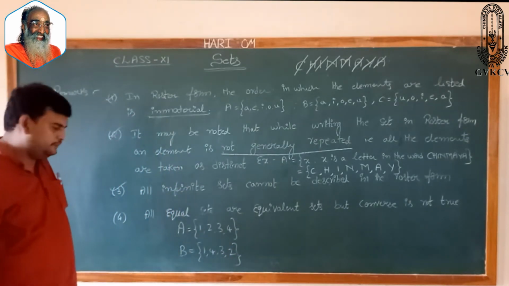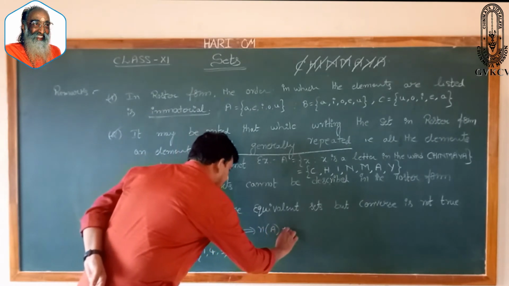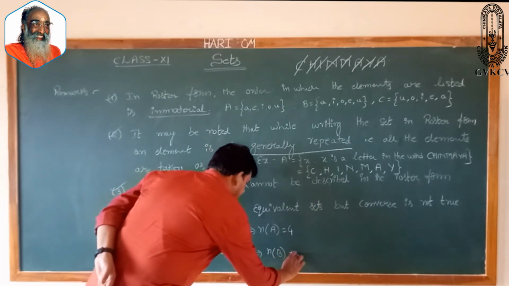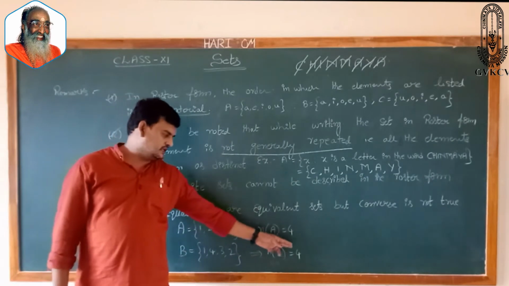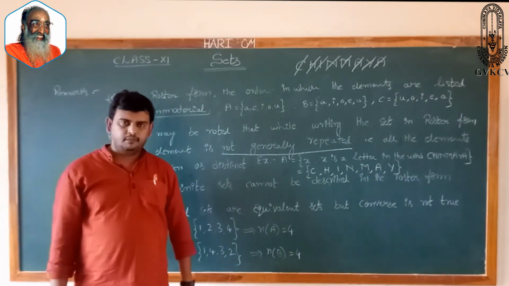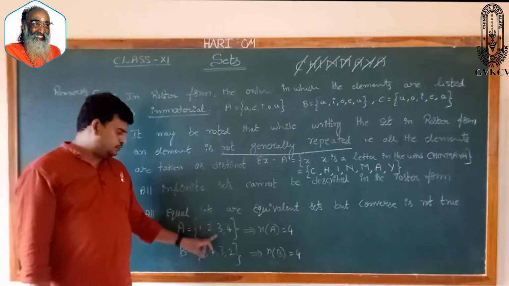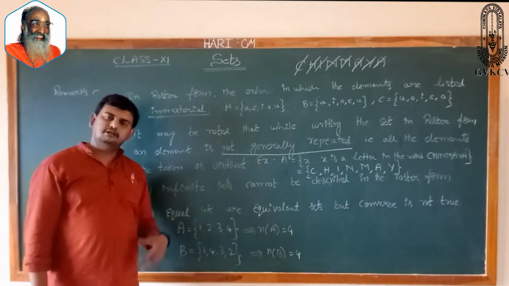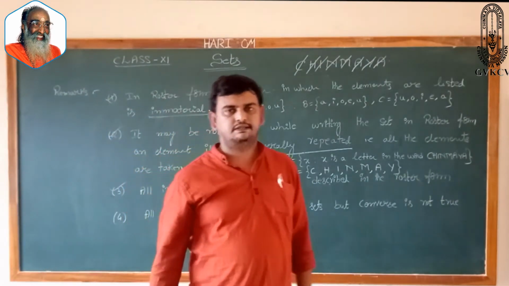If you observe, the number of elements in set A is 4. The number of elements in set B is 4. Now both sets have the same number of elements, so I can call them equivalent sets. Again, when we compare the elements 1, 1, 2, 2, 3, 3, 4, 4, both sets have the same elements, so I can say they are equal sets.